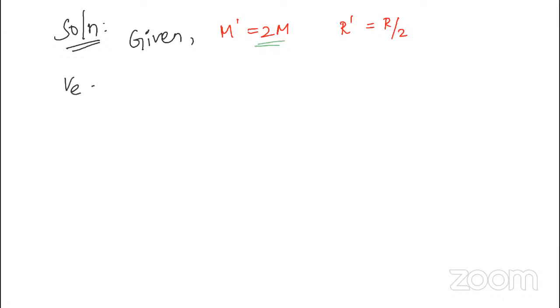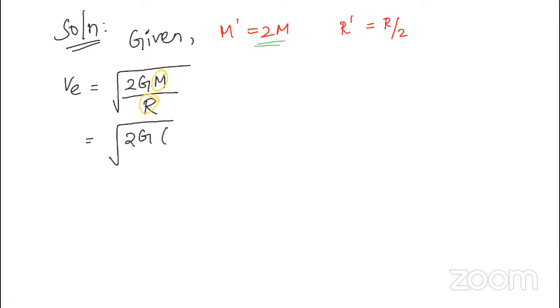VE is equal to square root of 2GM divided by R. Here we have to substitute the values for M and R. Now it is square root of 2 into G into 2M divided by r by 2.